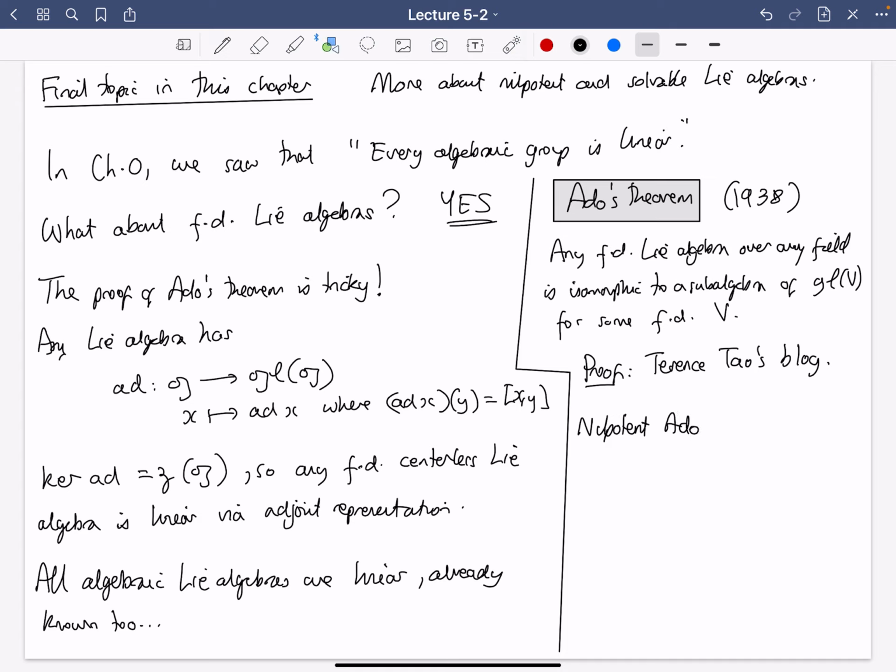So he starts off very clearly by giving a proof of the following, which is the version of Ado's theorem for nilpotent Lie algebras. Nilpotent Lie algebras are exactly where the adjoint representation is kind of useless here, right? Because a non-zero Lie algebra is nilpotent if and only if its center is non-zero, and then the quotient by the center is nilpotent too.